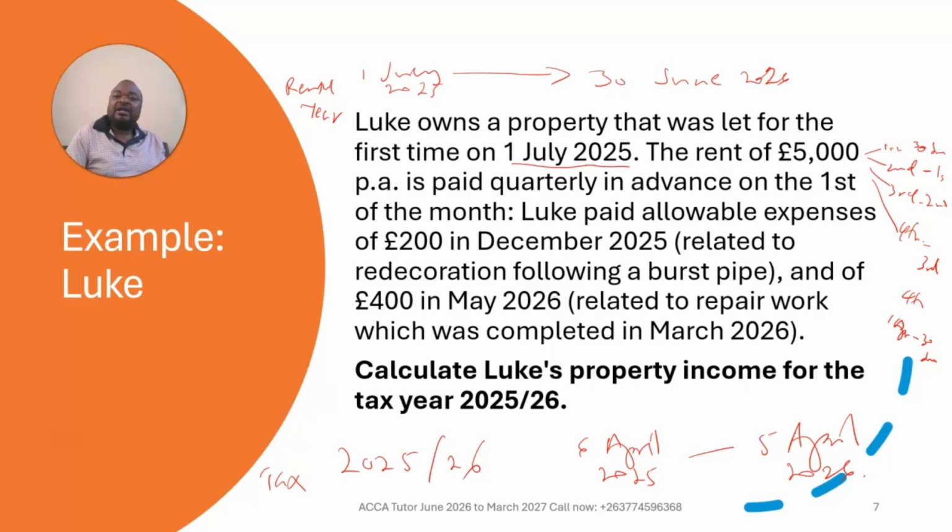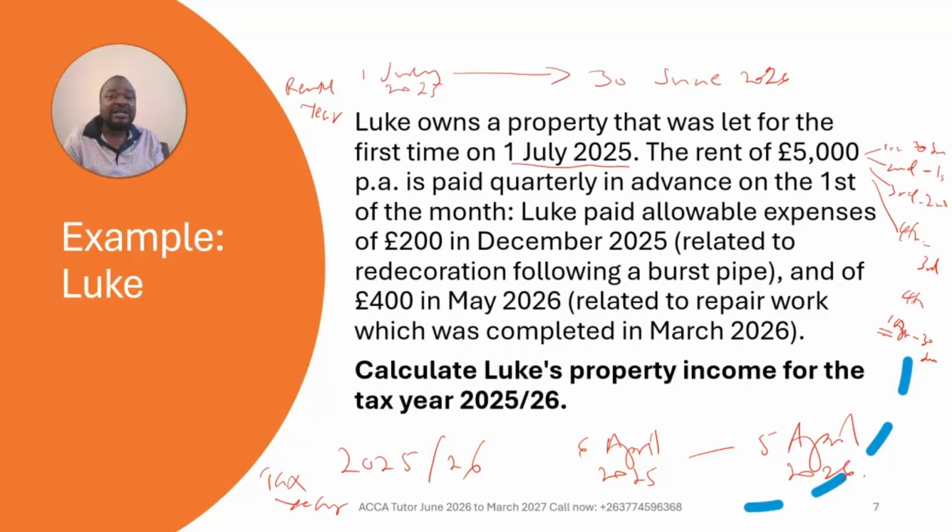This was the fourth rental payment relating to that £5,000. So if it was paid on the 1st of April, it simply means that it falls within the tax year, because the tax year is ending on the 5th of April. The rentals are paid in advance. So they were paid on the 1st of April, which means they are part of the property income of 5,000.